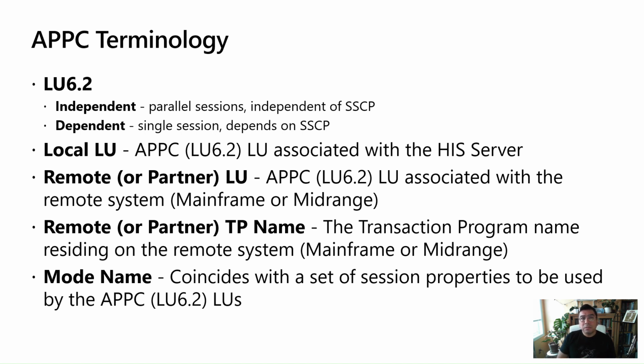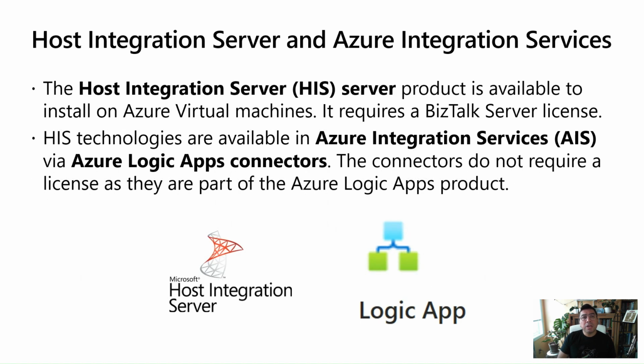Now, we've been speaking a lot about the IBM SNA architecture, APPC, PUs, LUs, SSEPs. Right now, we're going to get into how we play from the Azure cloud to these legacy systems.